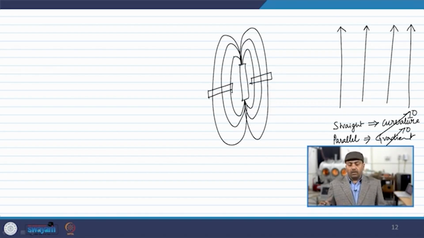These are the basic characteristics of a magnetic field, but we are ruling out both of them and saying: let us consider a magnetic field in which the lines of force are straight in nature and also at the same time parallel in nature.